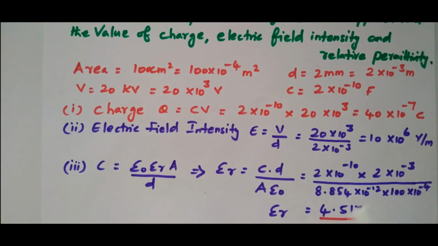By simplifying, what did we get? 4.517. So in this problem we calculated the charge value, electric field intensity and the relative permittivity from the capacitance. So in this video we discussed the capacitance definition, derivation and two problems.